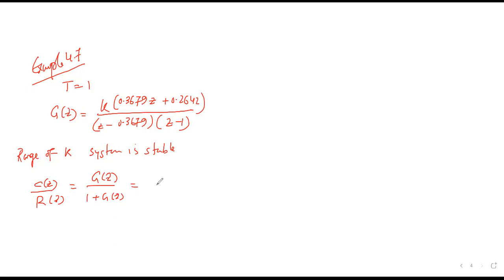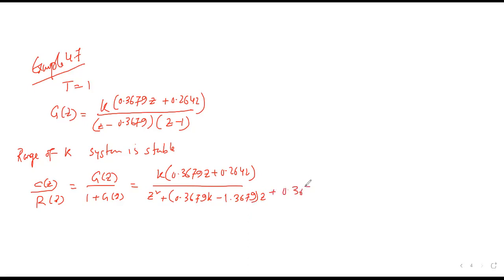If we apply that, then what we are going to get is K times (0.3679z plus 0.2642) divided by z squared plus (0.3679K minus 1.3679)z plus 0.3679 plus 0.2642K.